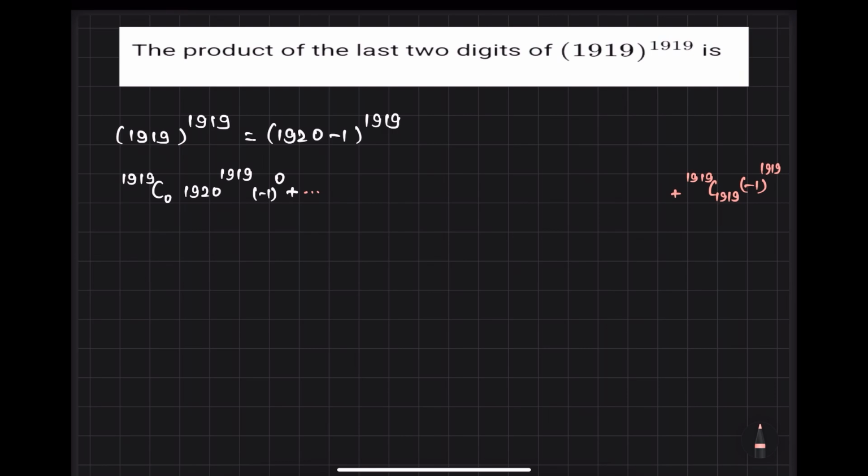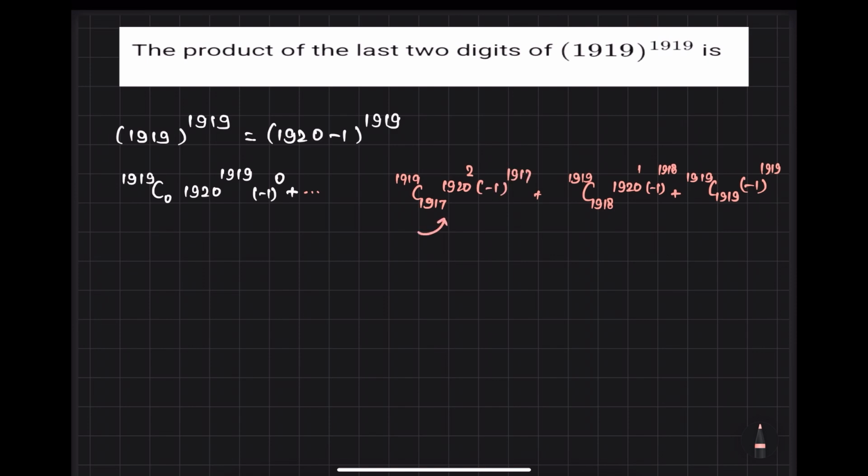Now plus one number will be reduced: 1919C1918, and then 1920 will carry power 1, correct? And then minus 1 will carry power 1918. Before that, if you write 1919C1917, then 1920 will carry power 2, and then minus 1 to the power 1917.